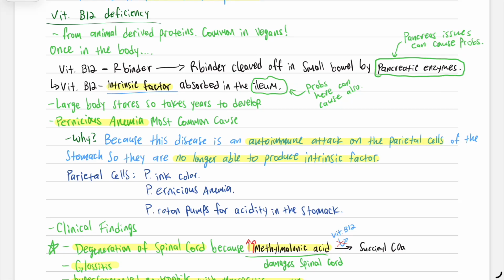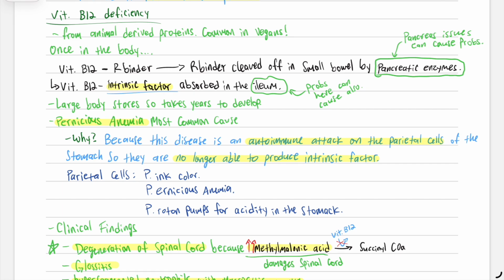You could be deficient in vitamin B12 because your vitamin B12 can't be released from your R binder. But if that's not an issue, vitamin B12 then binds to intrinsic factor, and that is then allowing it to be absorbed in the ileum. And so you have large body stores of vitamin B12, unlike folate.